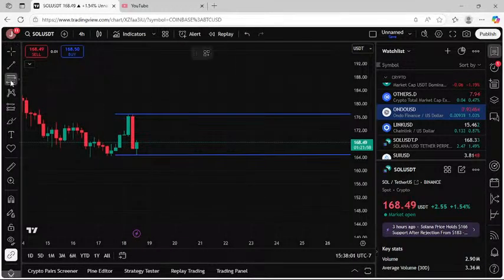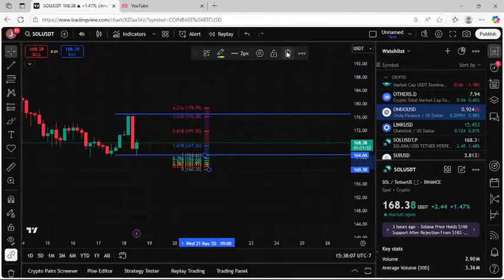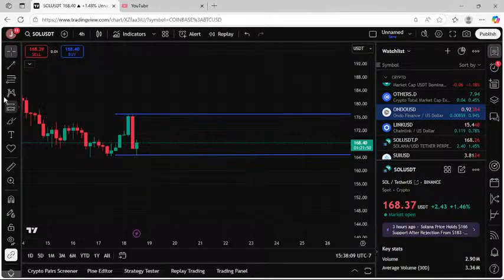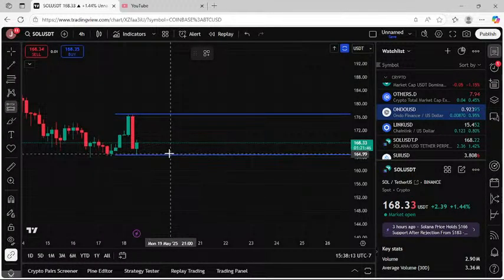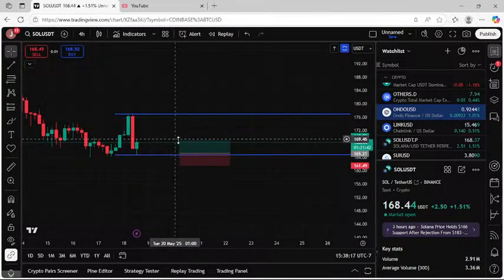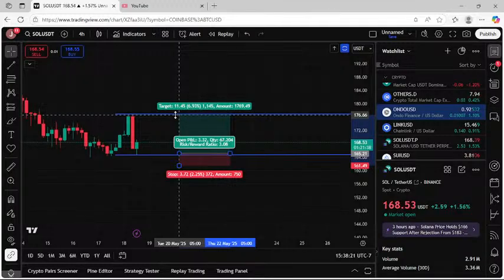Let me find that long tool. Anyways, where was I? Long tool. So let's say hypothetically you open your trade here, got your risk to reward, go up. Let's just touch that right there.